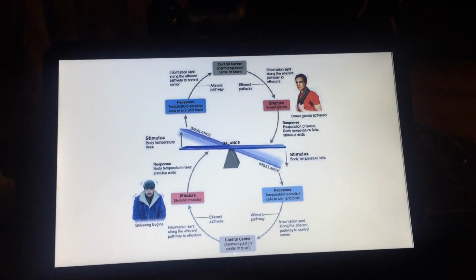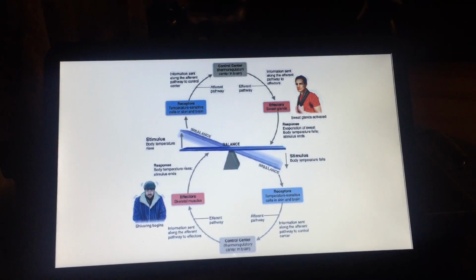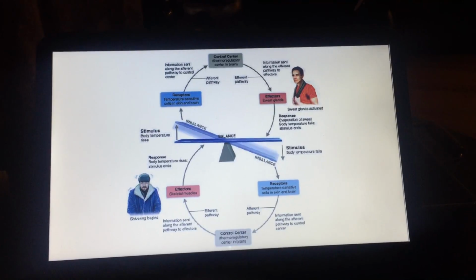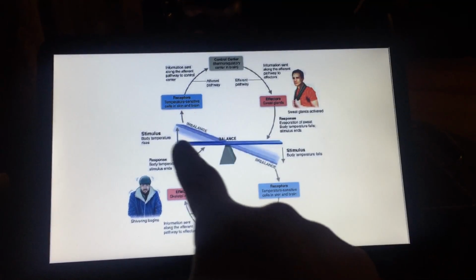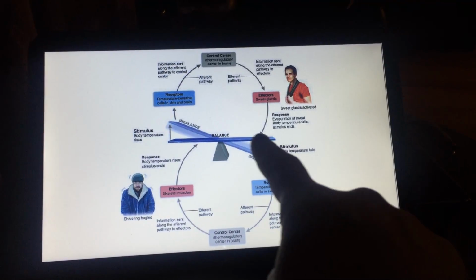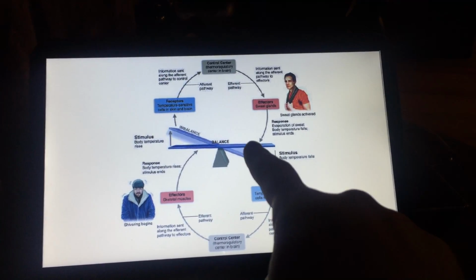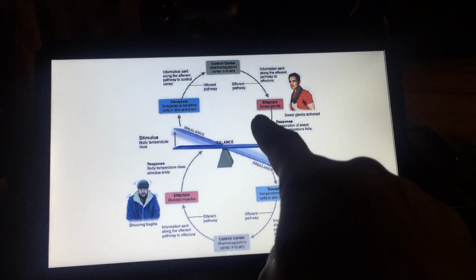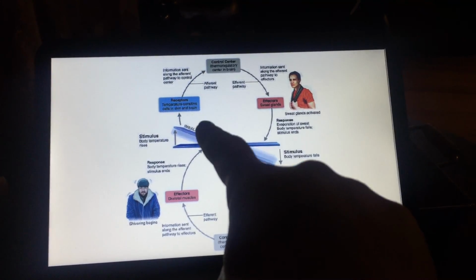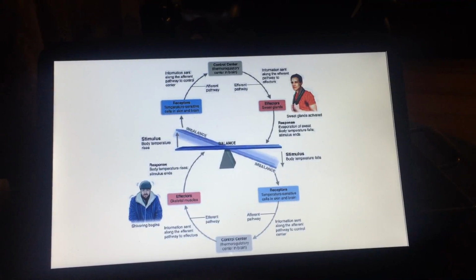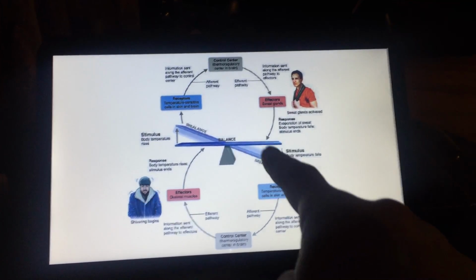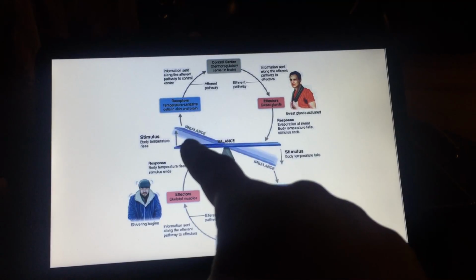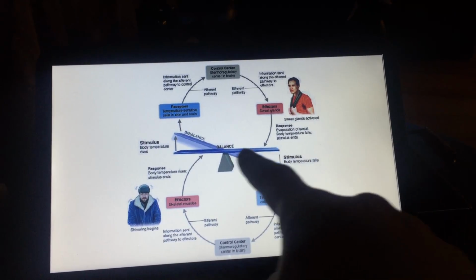So we can see here in a diagram an example of temperature. What we have down here, right, we have a little seesaw. It's a good example of what homeostasis is, right? Ideally, we should always be balanced, but whenever our little homeostasis seesaw tips one way or another, either too low or too high, then there's a process in place to stop it from dipping too low or high and bring it back to its normal level state.